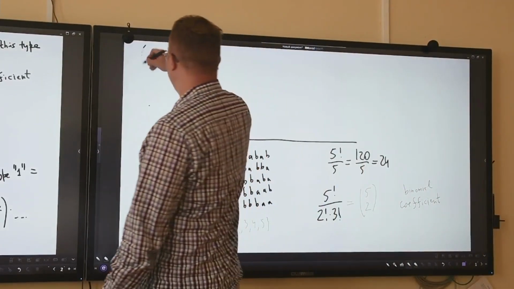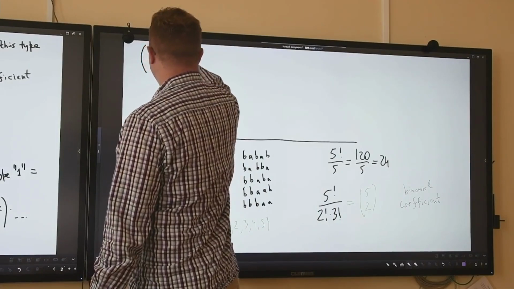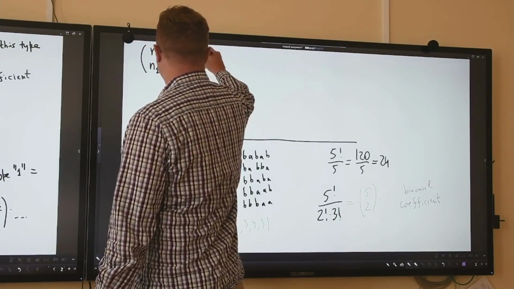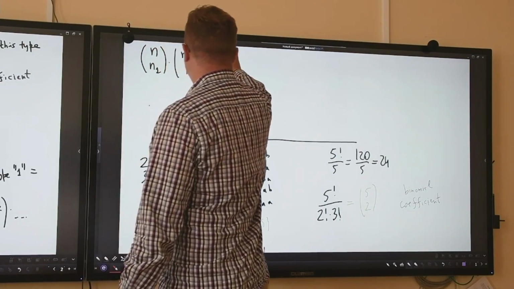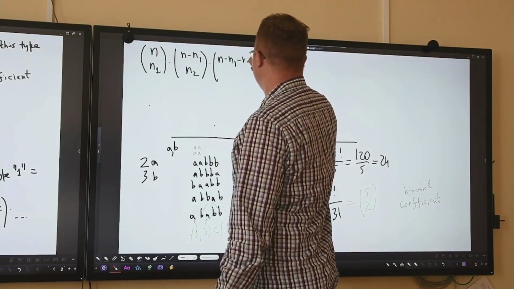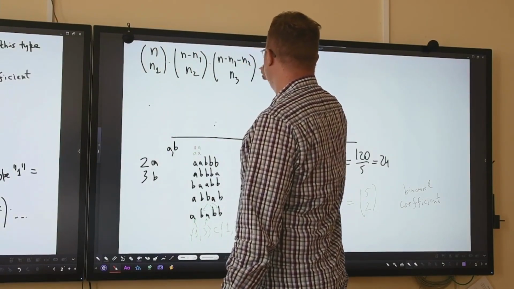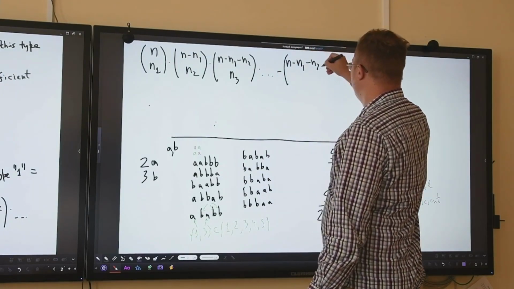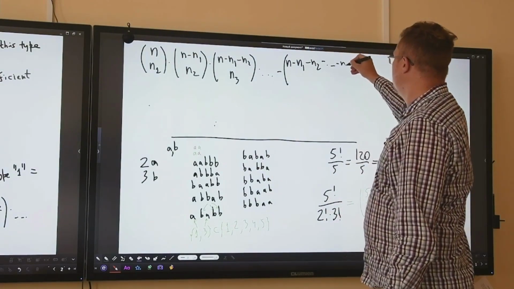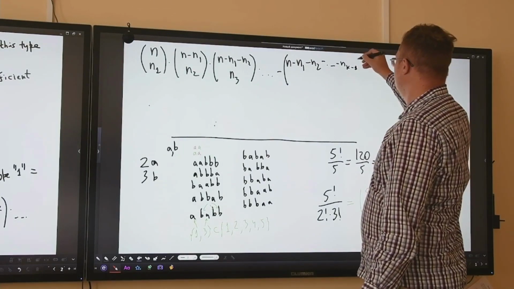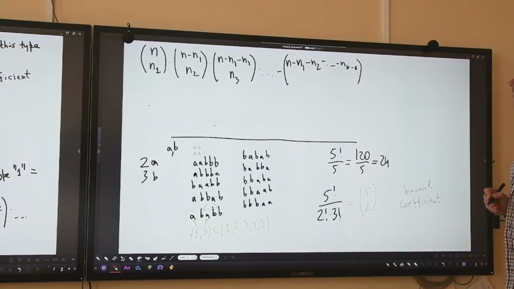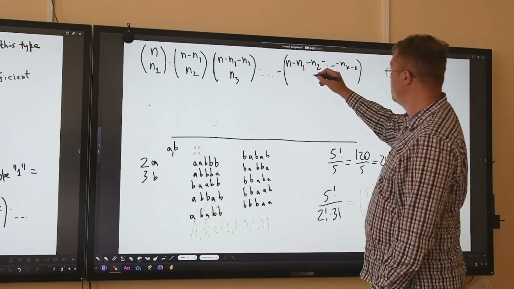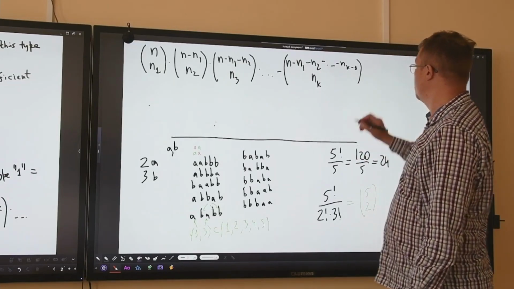So I'll have n choose n1 times n minus n1 choose n2 times n minus n1 minus n2 choose n3, and so on. And the last one will be n minus n1 minus n2, etc., minus n(k-1) choose nk.